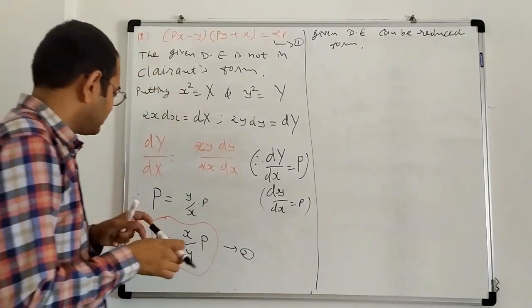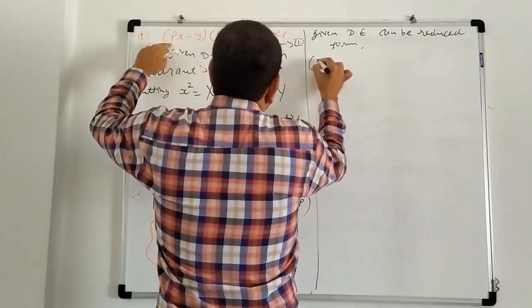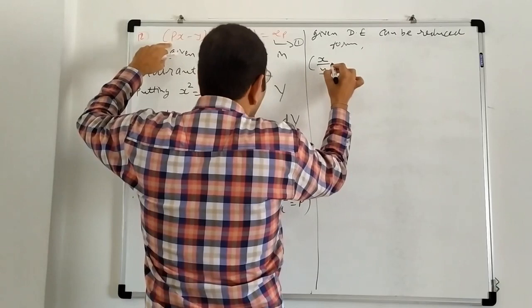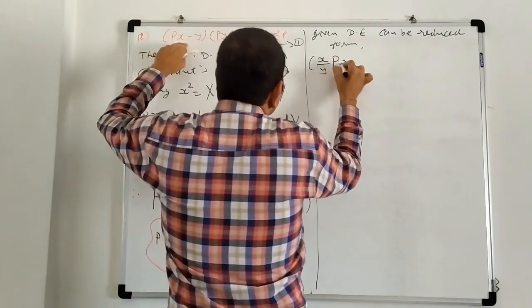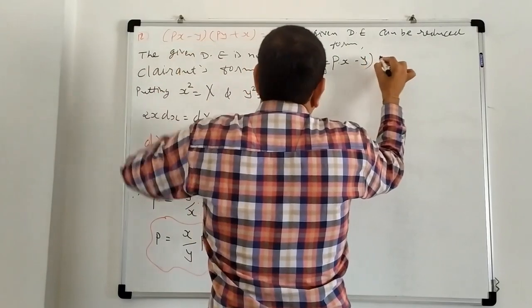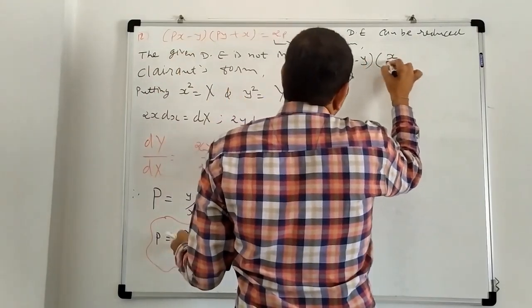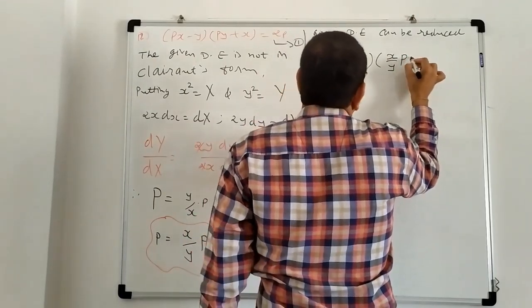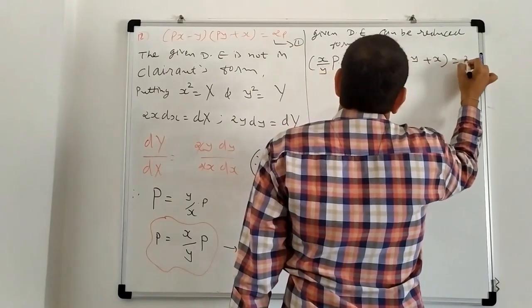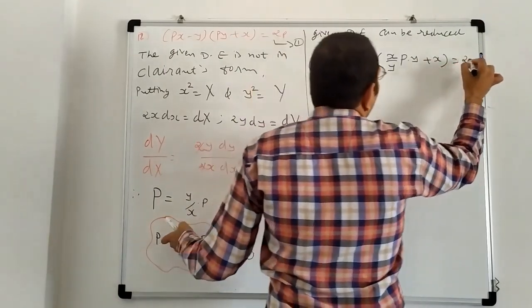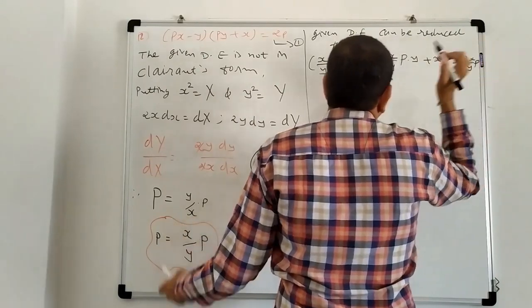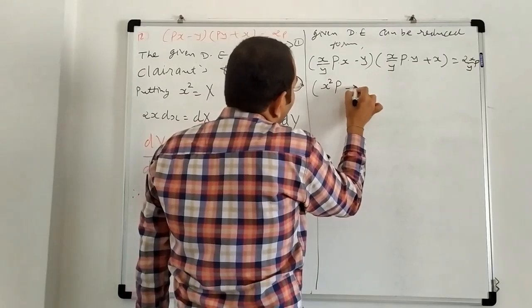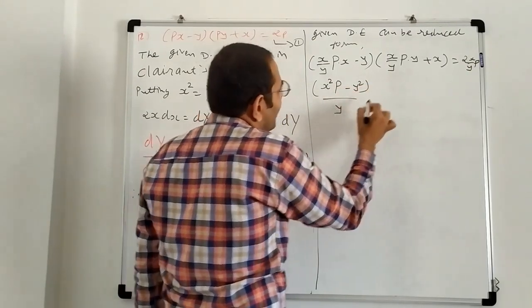Then we get small p equal to x by y capital P, into x minus y, small p equal to x by y capital P, into y plus x equal to 2 x by y capital P. Here x into x, x square capital P minus y square divided by y.